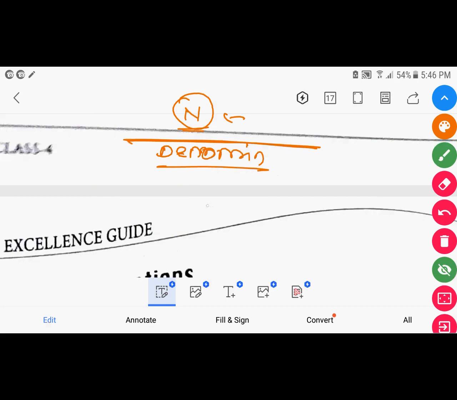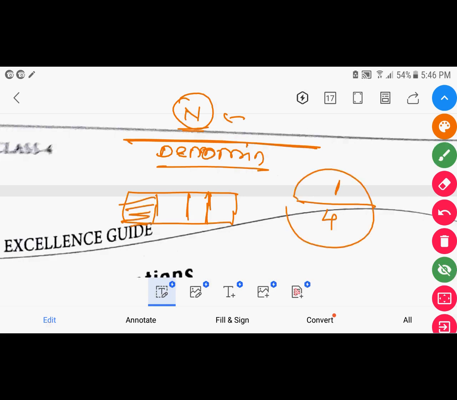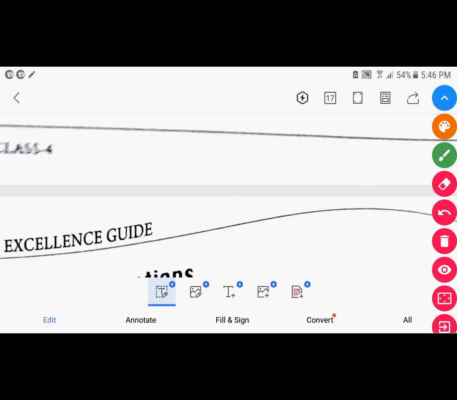Now if suppose one chapati or one rectangle is there, and I divide that rectangle into 3 or 4 equal parts, then these 4 parts are denoted as the denominator, and if I take out one part of it, it is represented as the numerator. So 1 by 4 is the representation of the fraction.